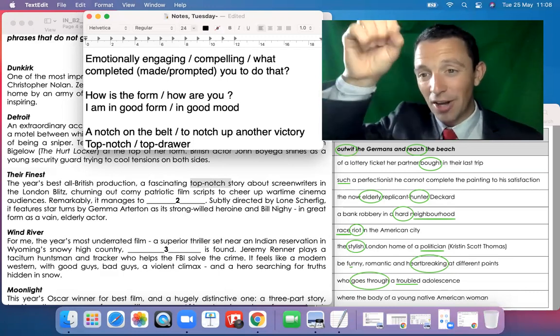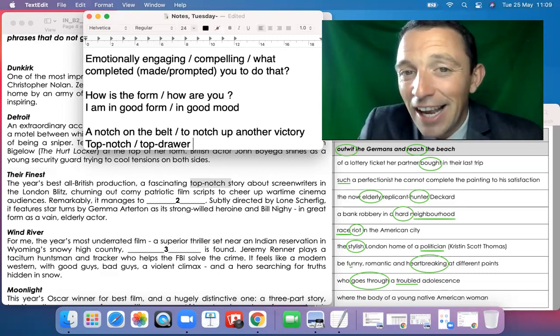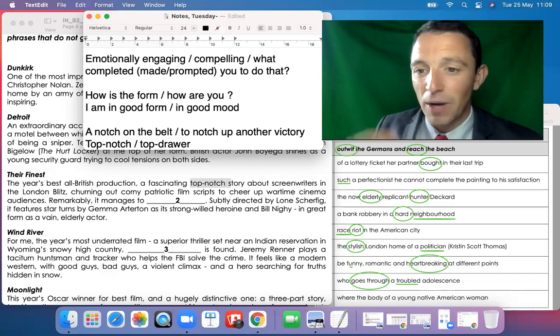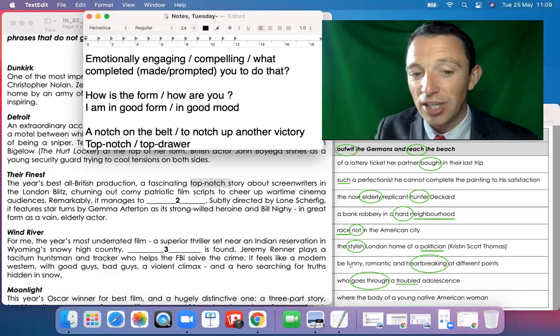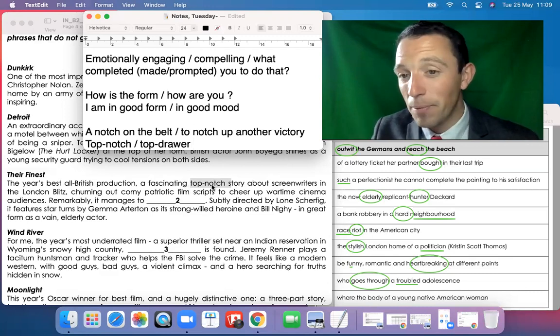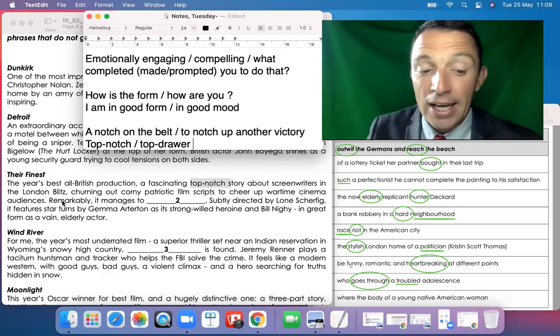So if the movie is top drawer, the significance is the movie is amazing and the movie is the best quality. A little informal, but very, very typical as well. And top notch is exactly the same expression. So in this situation, fascinating, top-notch story, which means top quality, best quality story.